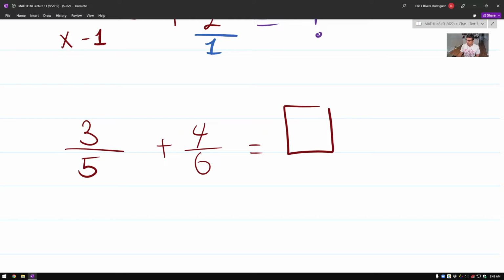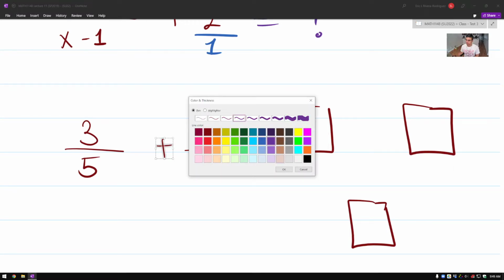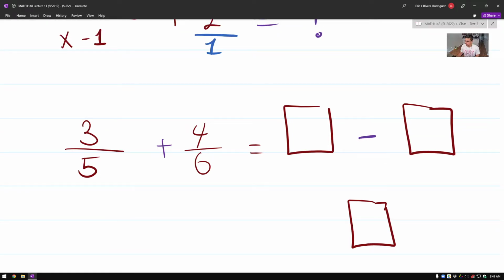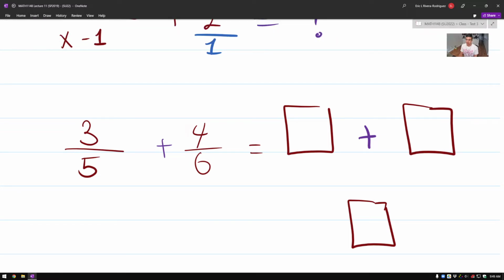So let me create a face here. The nose of this face is going to be this plus sign here. The first thing that I'm going to do, I have a happy face, which means that we are going to multiply those two denominators. So 5 times 6 is 30, and this goes here below.